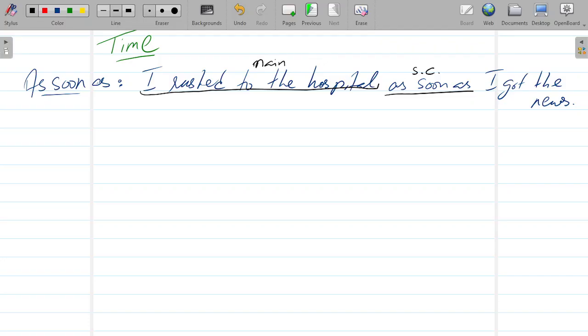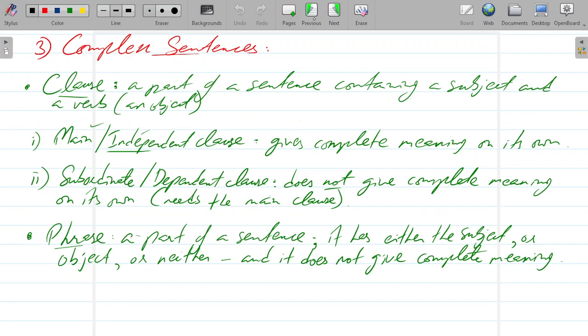Now this is what I want to highlight. If you look at "I got the news," and given our definitions of main and subordinate clause: a clause is a part of a sentence containing a subject and a verb, or an object as well, depending on whether it's transitive or intransitive. The main clause gives you complete meaning on its own. The subordinate clause does not.